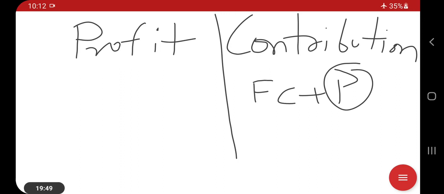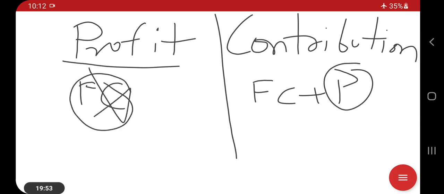Okay, now coming to profit. Profit does not include any fixed costs. And also, it is the concept of accounting to determine profit or loss of a business concern.